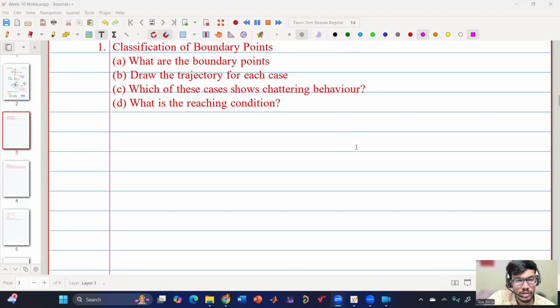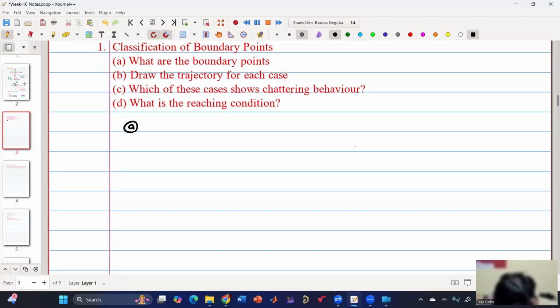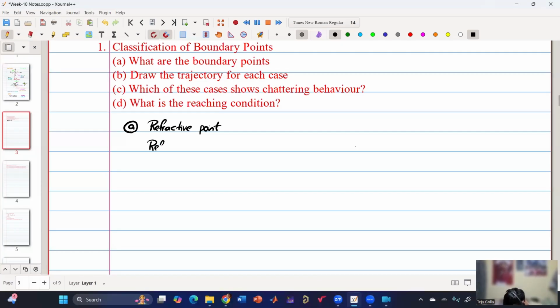First I'll show that there are three cases for boundary points. What are those? I'll explain. There are three boundary points: one is the refractive point, one is the reflective point, and one is the rejective point.